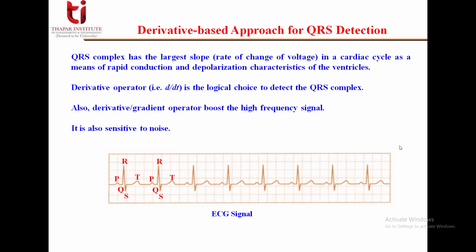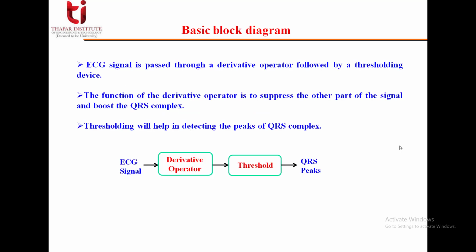Now we will see the basic block diagram using this derivative based approach for QRS wave detection. You can see in the figure, we have the ECG signal, and at the very beginning it is passed through a derivative operator followed by a thresholding. Now what is the function of the derivative operator, and what is the purpose of including a threshold?